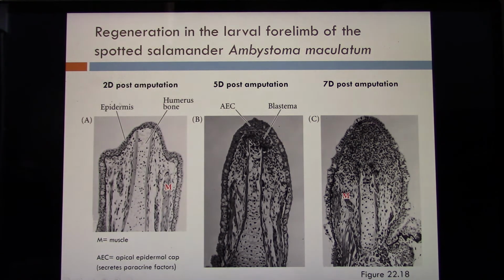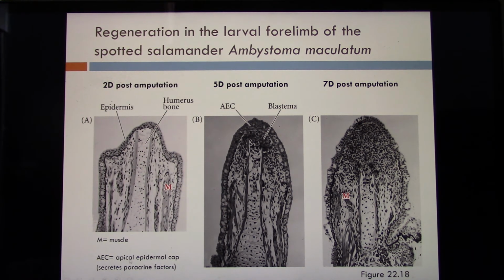And so they cut the limb off, and they look at it 2 days post-amputation, and you can see, just like in the video, we've got an epidermis that has reformed, and the humerus bone is right here, and the muscle cell is indicated by this M. The very top of the amputation area is going to have some tissue form there that's called the AEC.